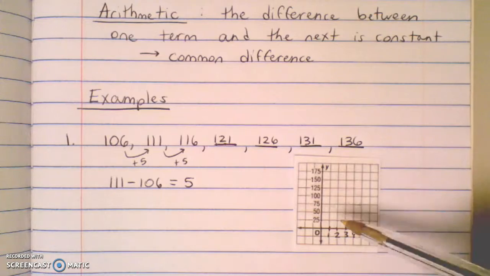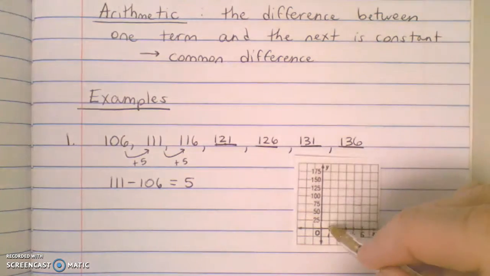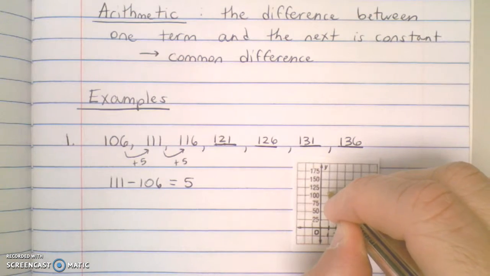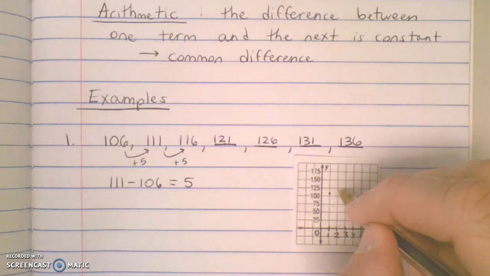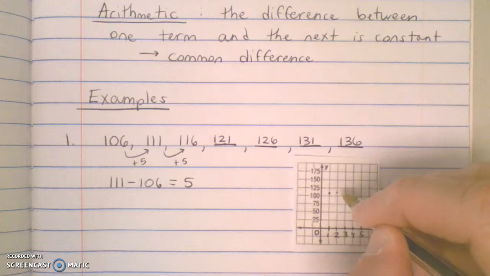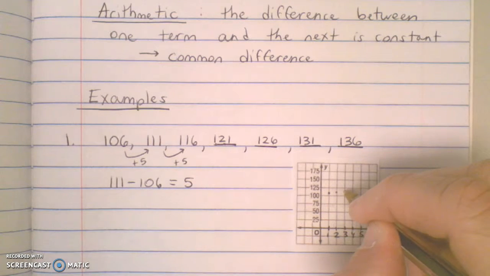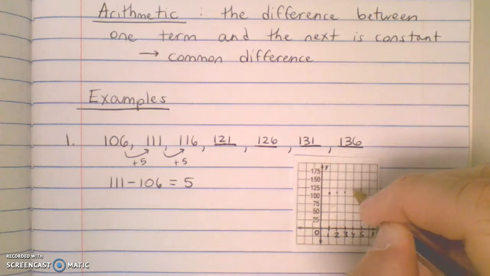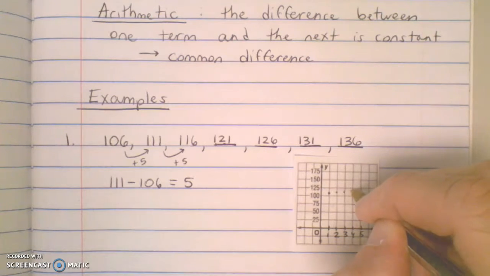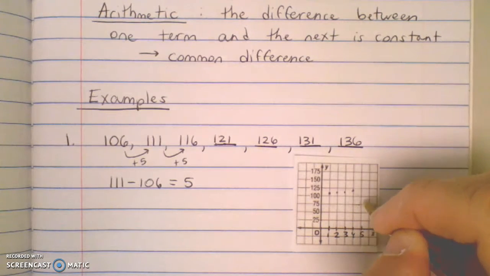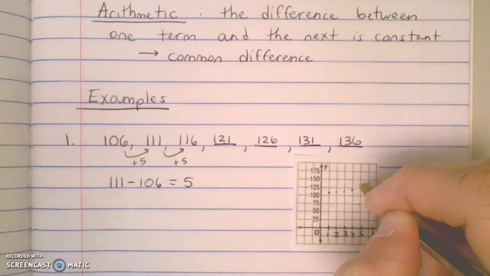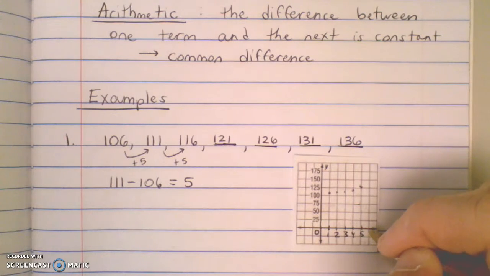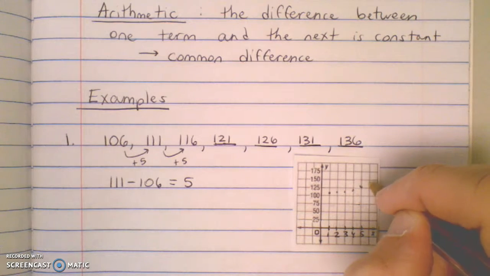My first term is 106, so it's just above 100. My second term is 111, so I'm going a little bit higher. 116, a little bit higher. 121, a little bit higher. 126 is just above 125. And then 131.